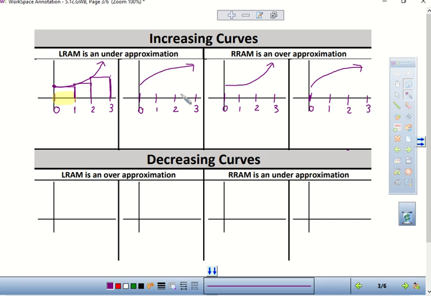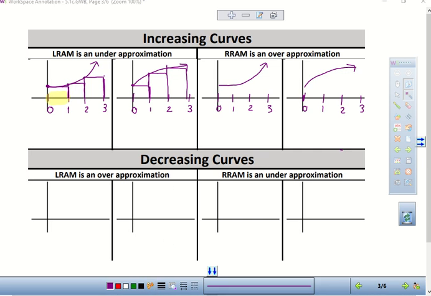It's going to be the same for this one. So at 0 is what determines that interval for LRAM. For 1 to 2, 1 determines it for LRAM, correct? Yep. And then 2 to 3. Yes, just like that. Under approximation once again.